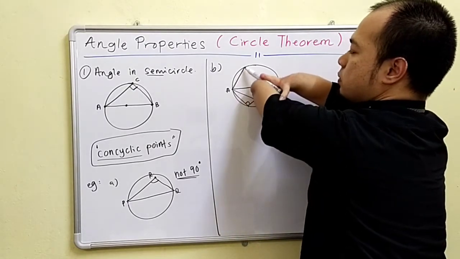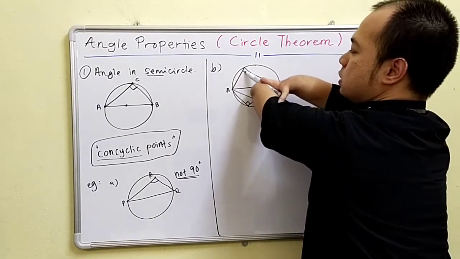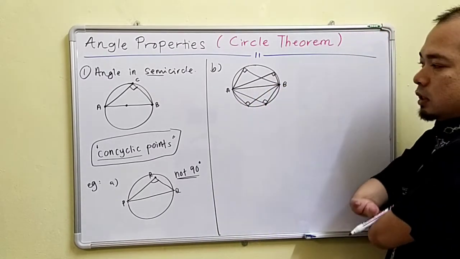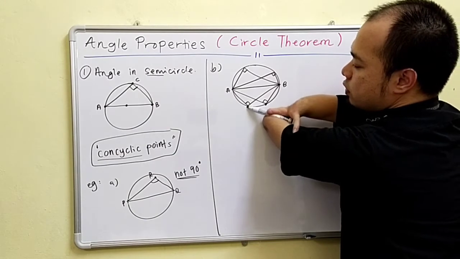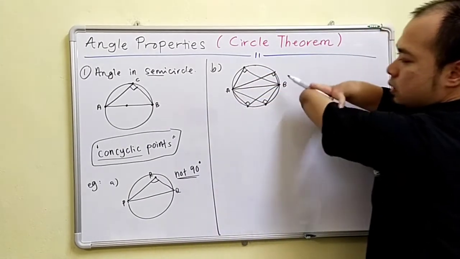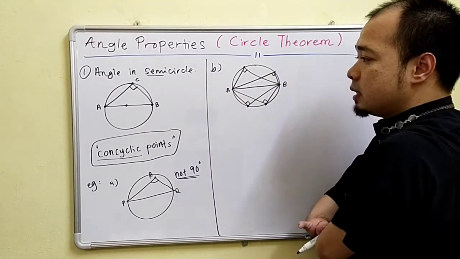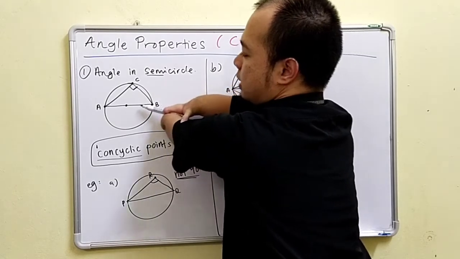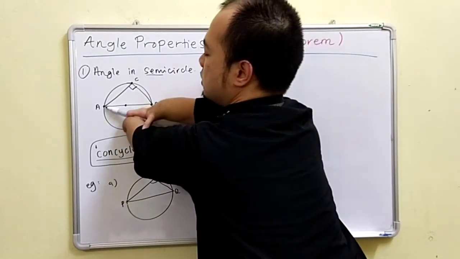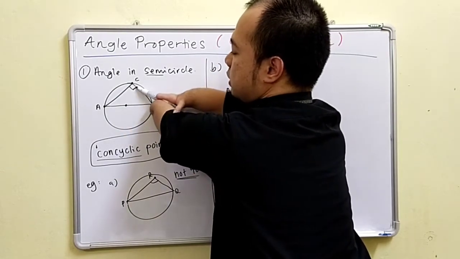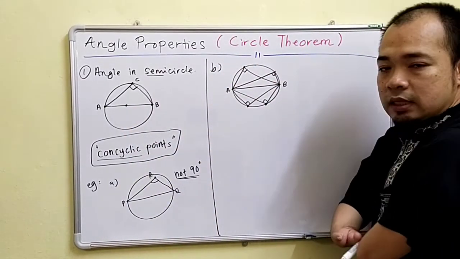It also can be here, this is 90 degrees. It also can be here, this is 90 degrees. If you notice, all of the points here lie on the circumference. Then you can apply property number 1. It says that for the angle in a semicircle, the moment you connect from A to C, from B to C, automatically it will create a right angle triangle.